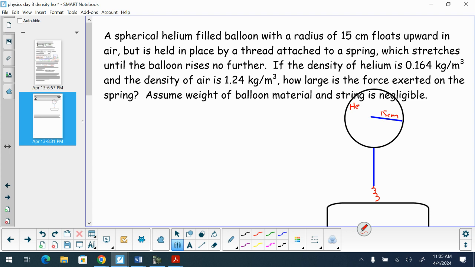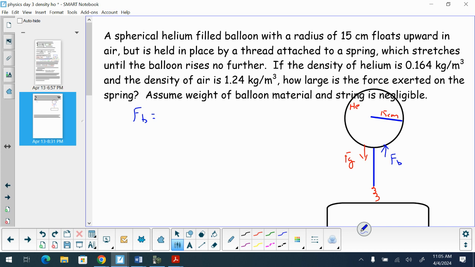So what we have here is a force of gravity that's pulling downwards, but then again we have this buoyant force pushing upwards. Well, we need to calculate the buoyant force.